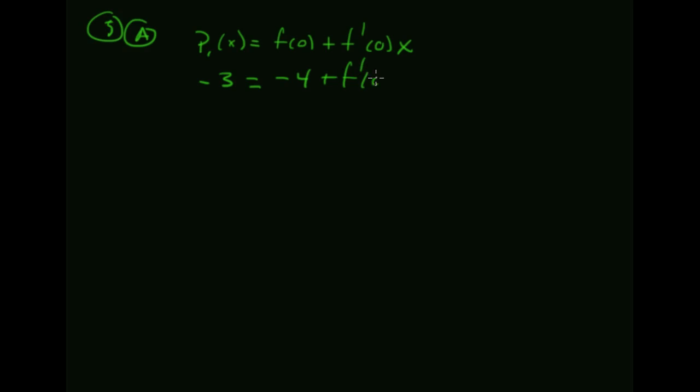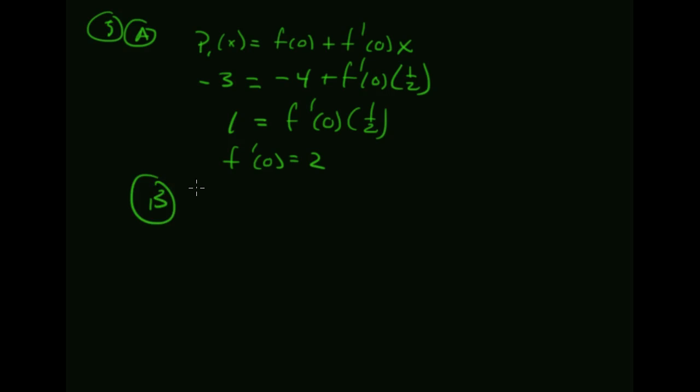We know that we're taking this at 1/2, right? So add the 4 to both sides. Multiply by 2 tells me that f prime of 0 is 2. All right, so that moves me on to part B. We get more data. We get the second derivative is -2/3, and the third derivative is 1/3.